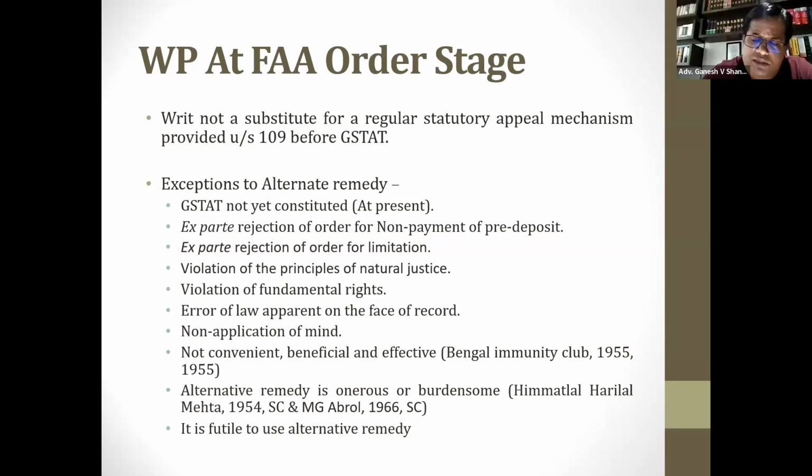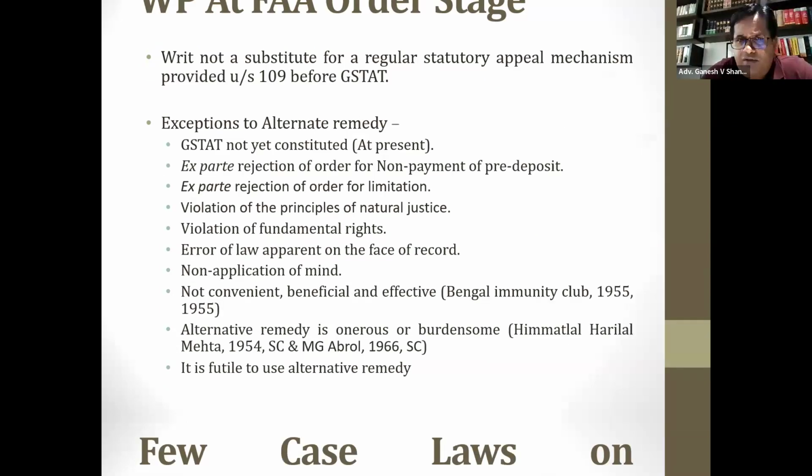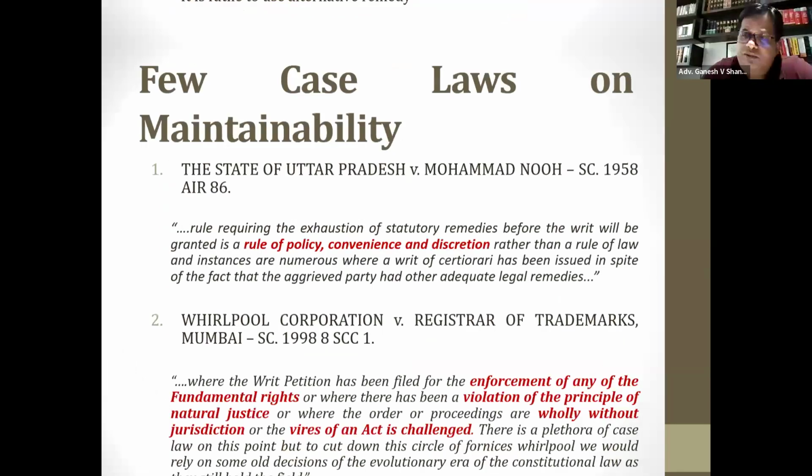You know that the outcome of your statutory appeal is going to be what it is going to be based on facts. In that case also you can approach the High Court. So there are a few cases on maintainability which can be a hurdle.